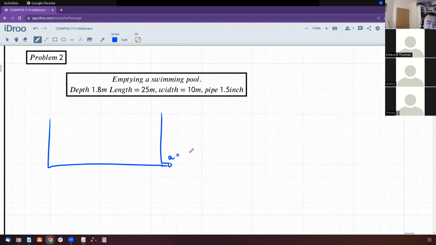let's go with small a. Area is pi r squared. Well, so 1.5 inches, that's 1.5 times 2.54. That's 3.81 centimeters divided by 100. So 0.0381. So pi multiplied by answer squared.